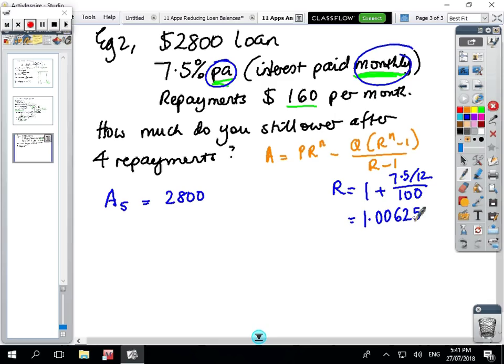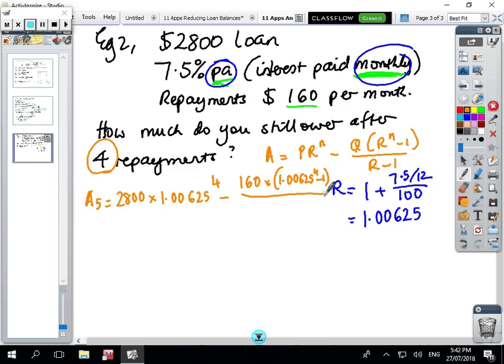So after 4 payments, the amount owing equals $2,800 times 1.00625 to the power of 4, minus the repayments, 160, that's the Q, multiplied by 1.00625 to the power of 4 minus 1, over 1.00625 minus 1.